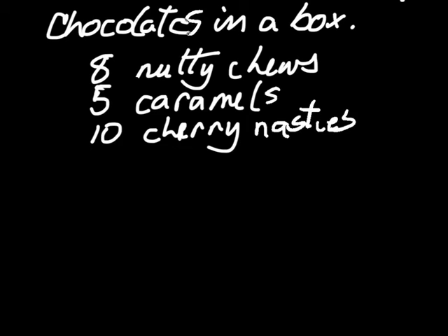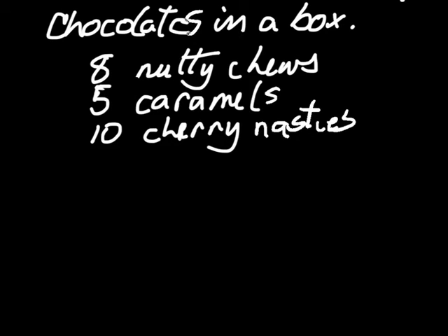This is my box of chocolates, and I can't see inside the box, so I just reach in and pull a chocolate out. And what I'd like to do is find the probability of pulling 2 Nutty Chews out, since those are my favorite. And how could I find that out?